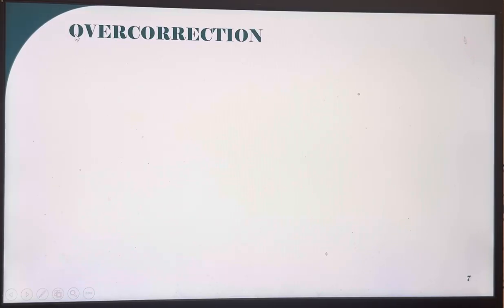Now coming to the topic of overcorrection. This is a very important topic because this is a problem that can happen, and it's one thing that we deal with in the ICU when we are correcting hyponatremia.